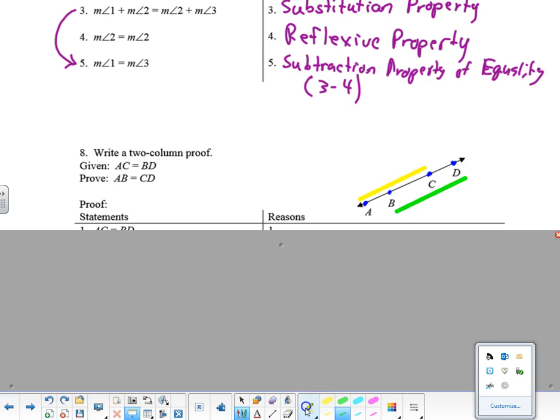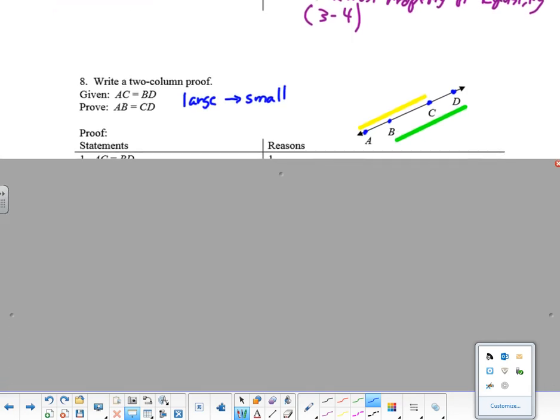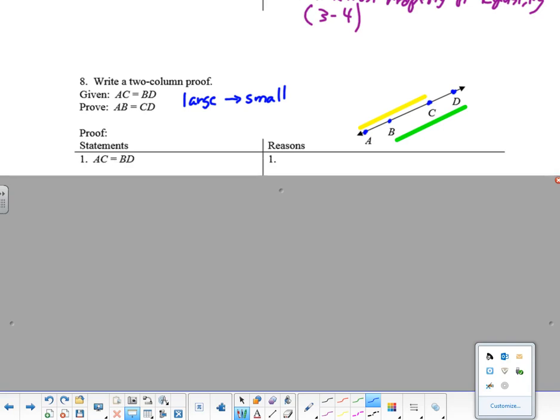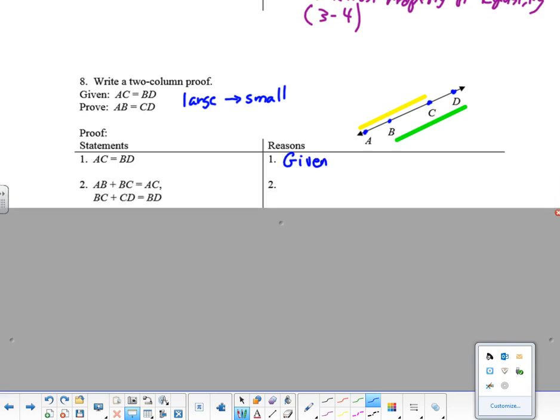Again, we're going here from large to small, so we're probably going to use the subtraction property of equality. AC equals BD, that was given to us. Now AB plus BC equals AC. Let me highlight that.